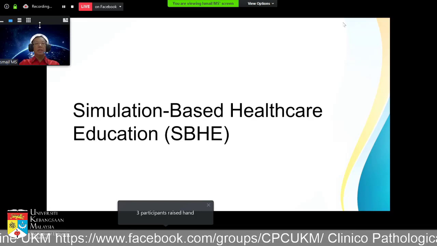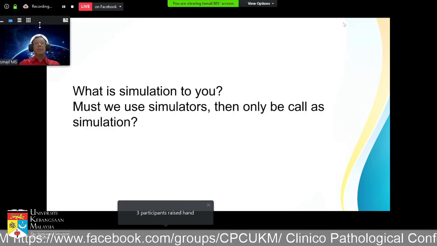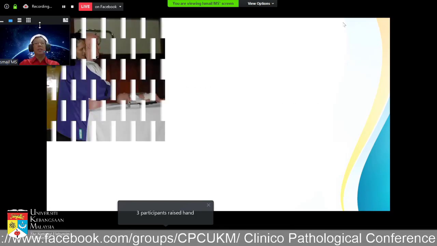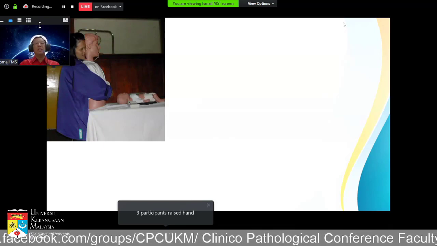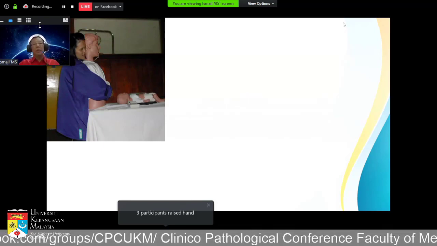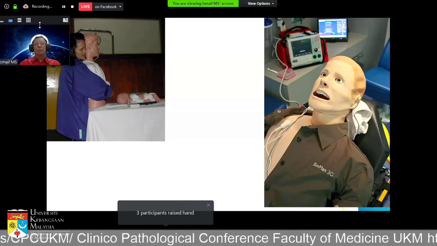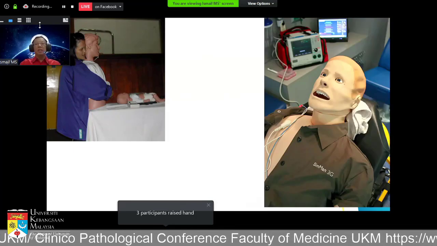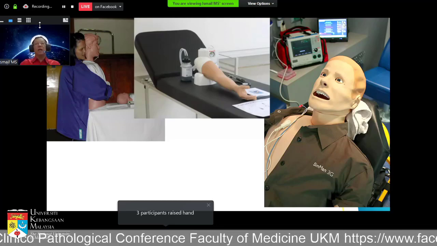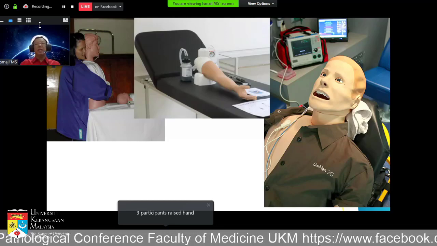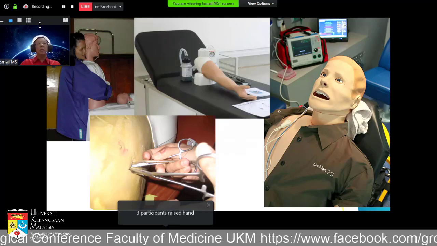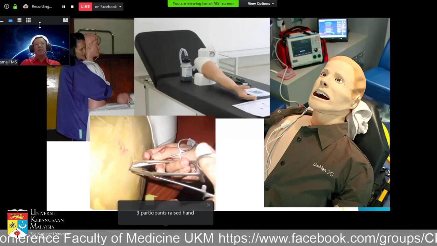A lot of people think that if you don't have the simulators, you are not doing simulation. For example, if you are doing a Hamilton maneuver, you have to play with the simulators, with some electronic patient called SimMan, or with this arm, a dummy or mannequin that you have to poke into for the chest tube. So you need to have all the simulators.